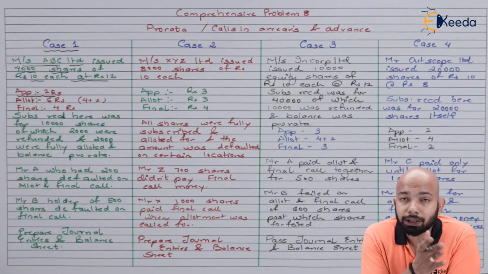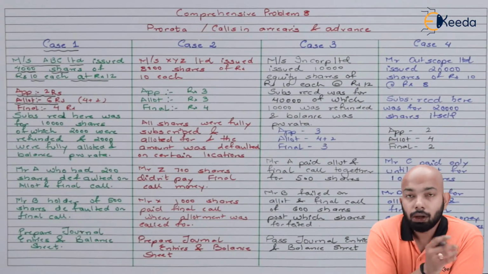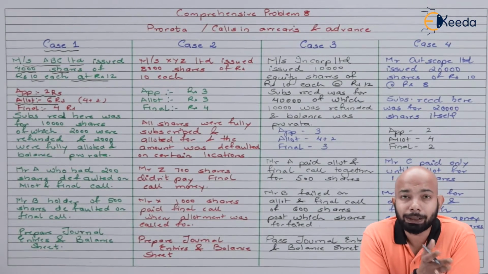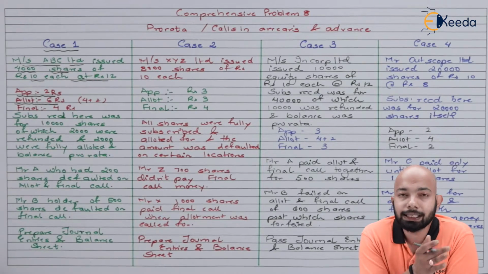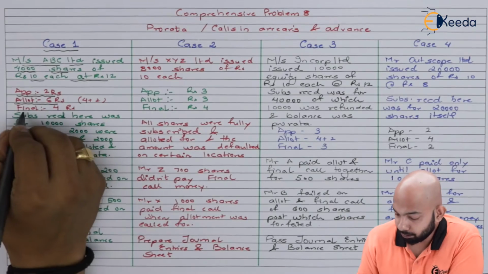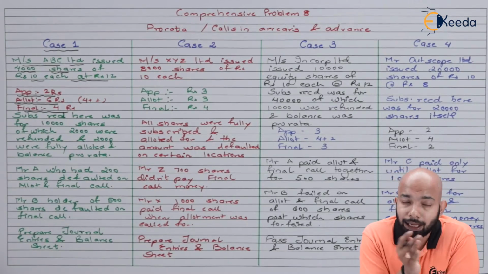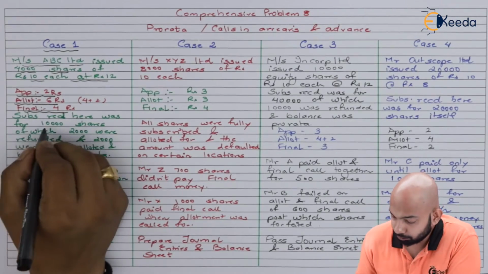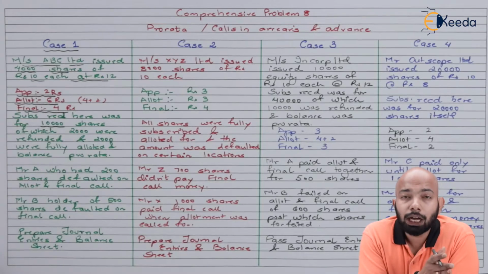On application, they were taking 2 rupees here. On allotment, they're taking 6 rupees, that is 4 rupees on allotment capital and 2 rupees as securities premium. And on final call, they are taking 4 rupees here as they have mentioned. Now, the issue was for 4,000 shares.